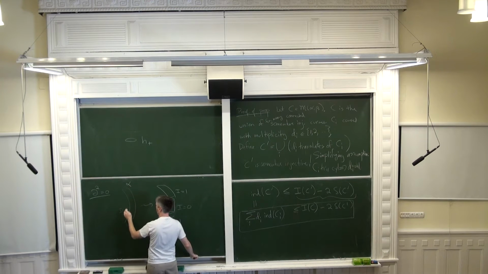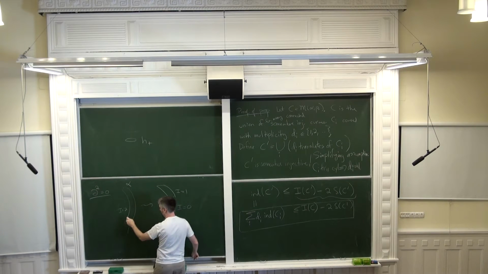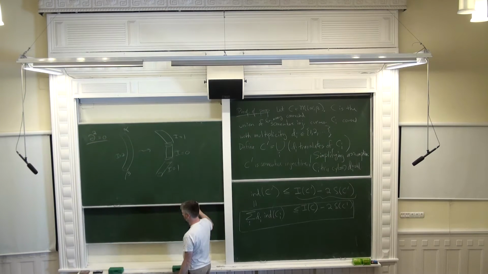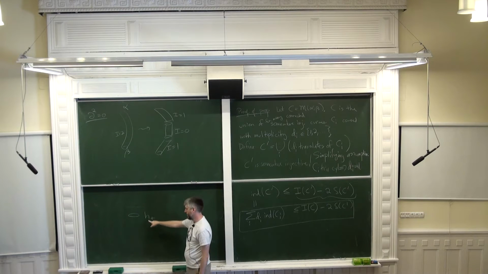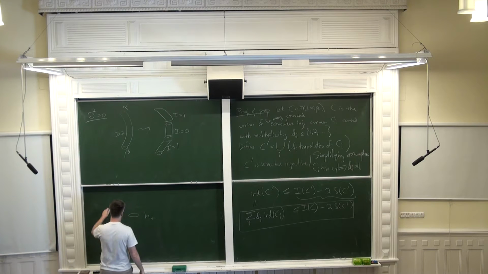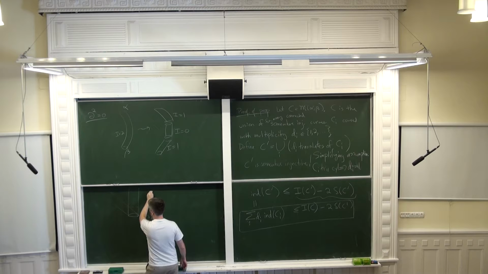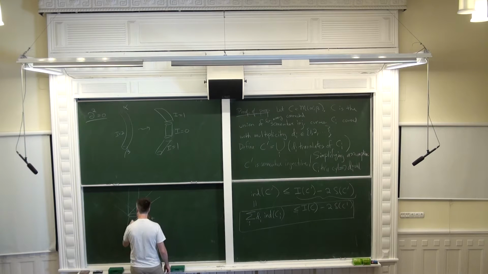Say I have ECH generators alpha and beta, and we're looking at the index 2 moduli space between them. This can break, but there's nothing to force the orbit in the middle to be an ECH generator. Maybe we break into something with a positive hyperbolic orbit with multiplicity bigger than 1. Now it turns out that when that happens, the ends of the curves always have multiplicity 1.